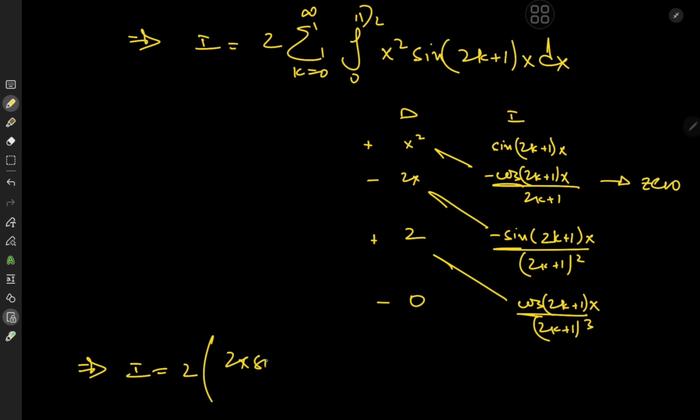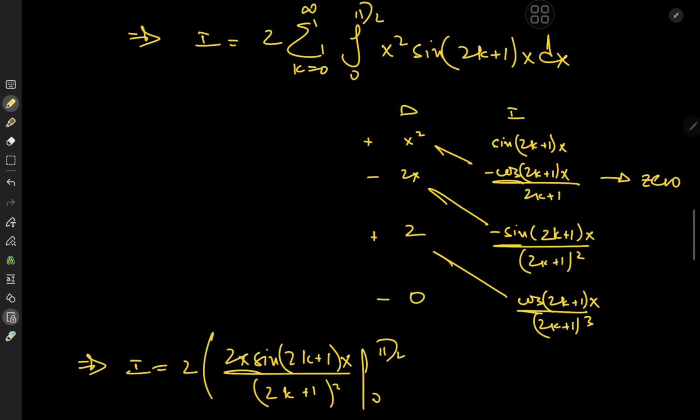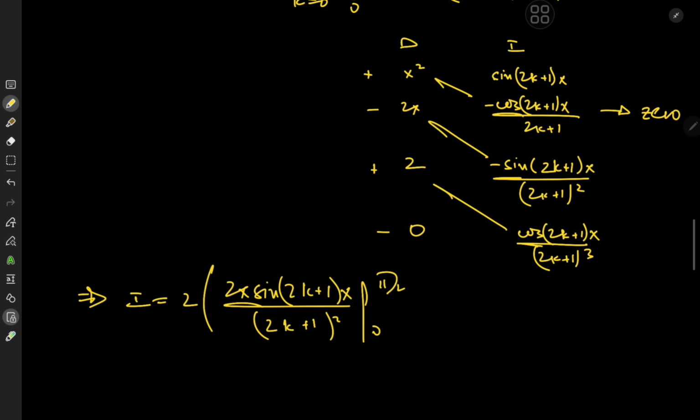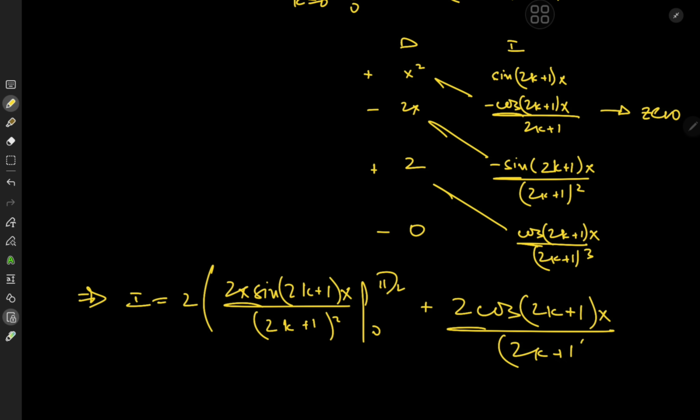Well, we have 2x times sine of (2k+1)x over (2k+1) whole thing squared. Limits are 0 and pi over 2. And then we have one more term here. That's a plus sign again. So that's plus 2 cosine (2k+1)x, which looks dope, over (2k+1) cubed. Again, limits are 0 and pi over 2.